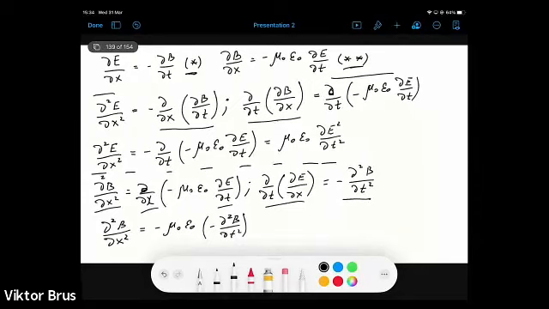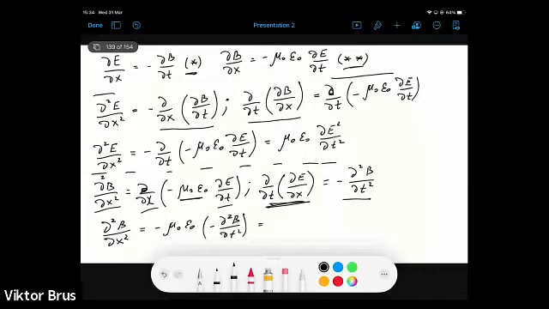So with respect not only to sign, but also to the product of these two constants, because here we have these constants and here we don't have them. So we need to take this into account.